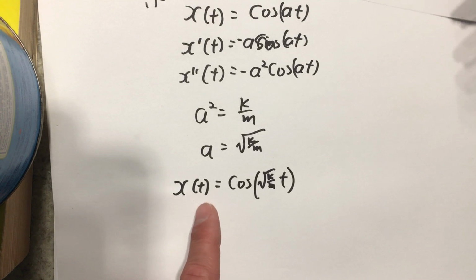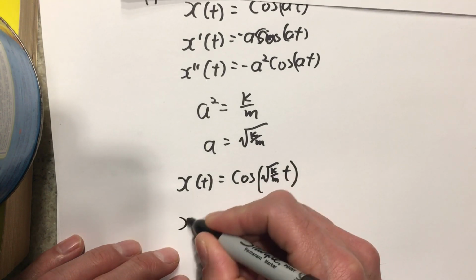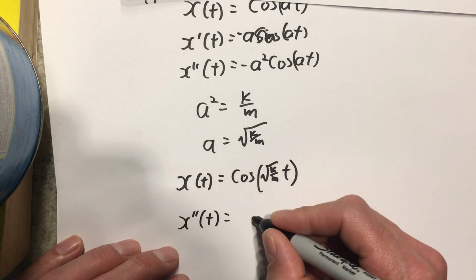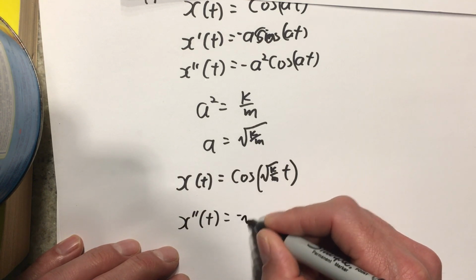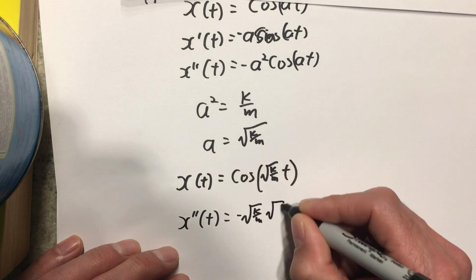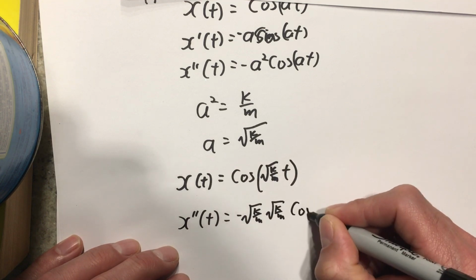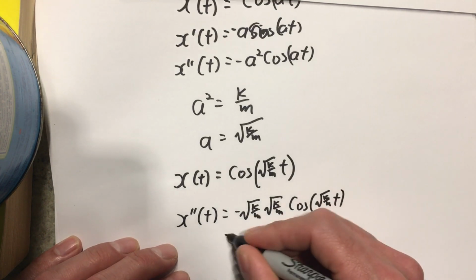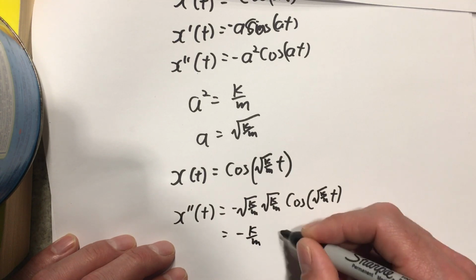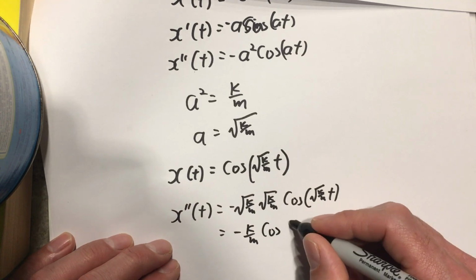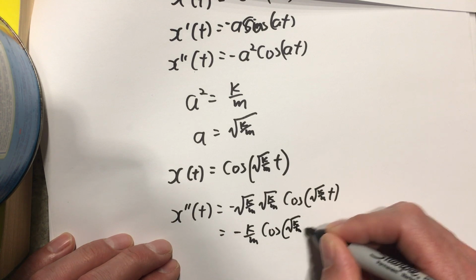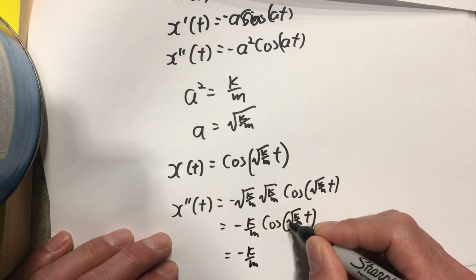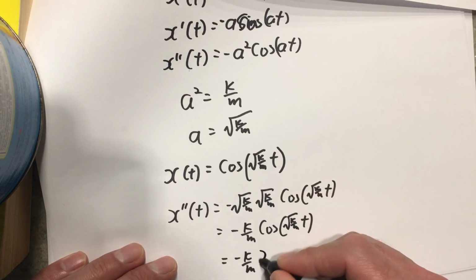Now when I take the second derivative of this, my second derivative with respect to time is going to be equal to negative root k over m times the cosine of root k over m t, which is the negative of k over m times the cosine of root k over m t, which is negative k over m times the function we started with in the first place.